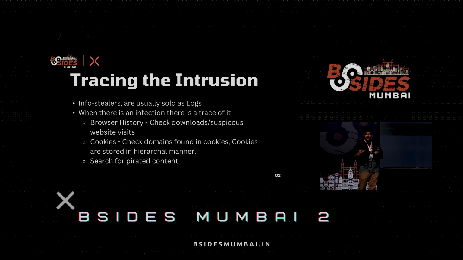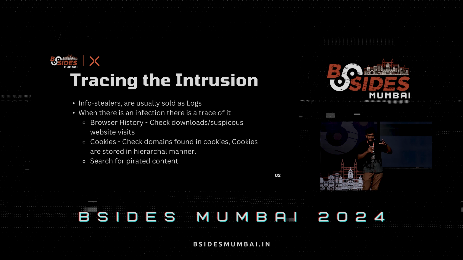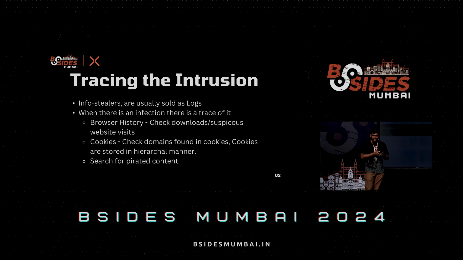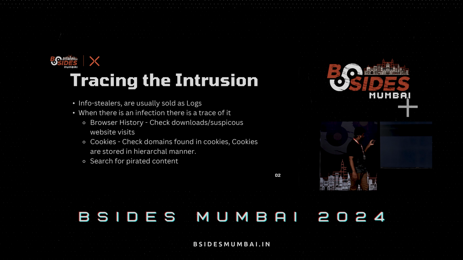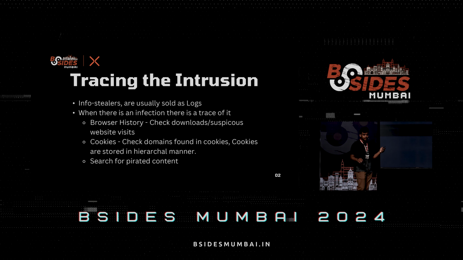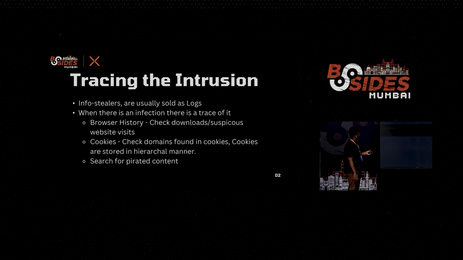So when you are trying to detect how someone got compromised, you look at the exfiltrated cookies, and you'll find the actual malicious websites which are present. Then search for pirated content, like software and cracks, and you'll find helpful stuff to detect how the infection happened.